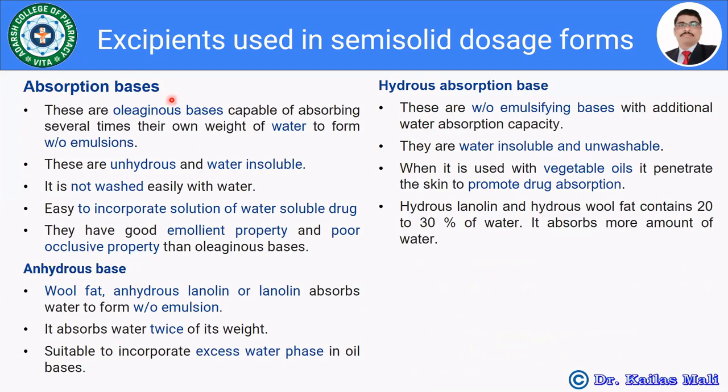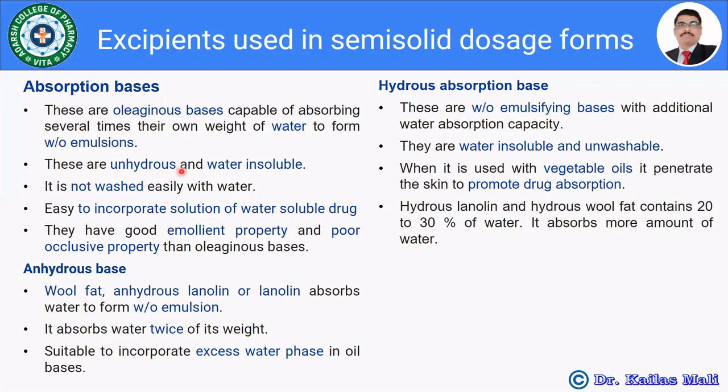So these are the oleaginous bases, again capable of absorbing several times their own weight of water to form W/O emulsion. So the continuous phase is oil. Only thing is that they have the capacity to absorb water. That's why it is said to be the absorption base.